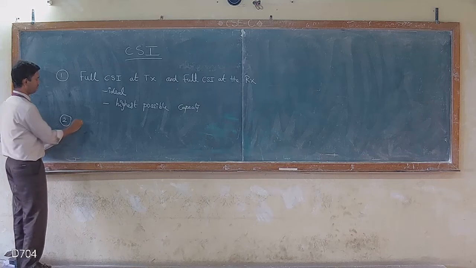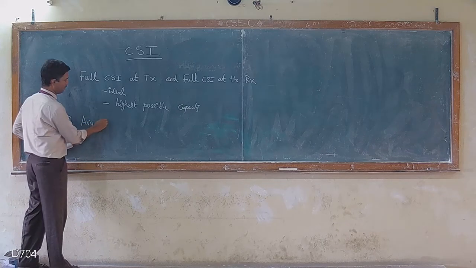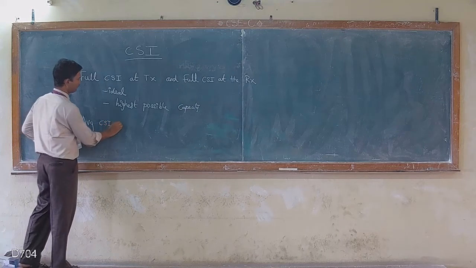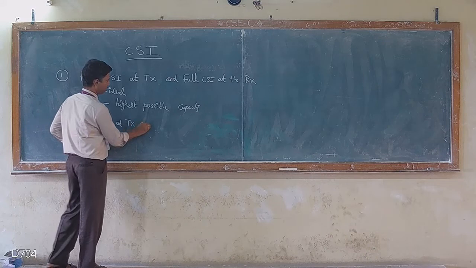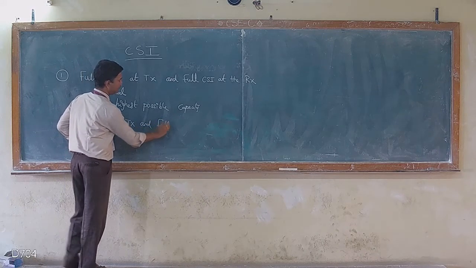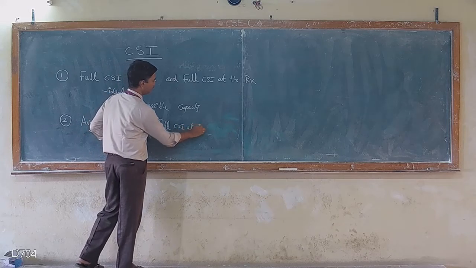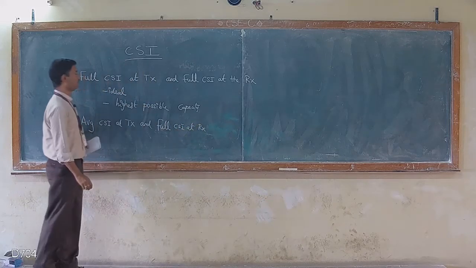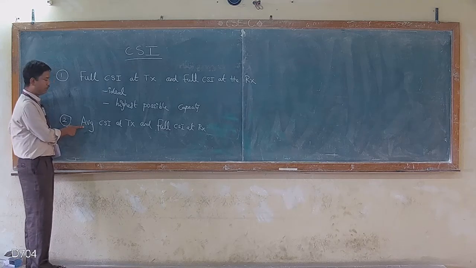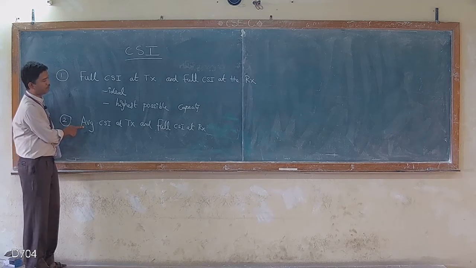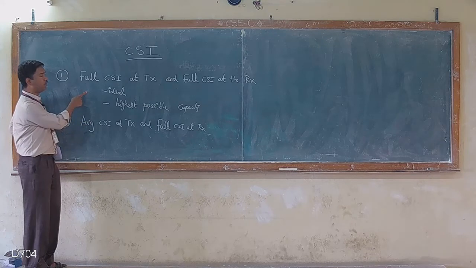Second one is average CSI, channel state information, at the transmitter and full CSI, channel state information, at the receiver. So the second case, average channel state information at the transmitter and full channel state information at the receiver, is easy when compared to the first case.